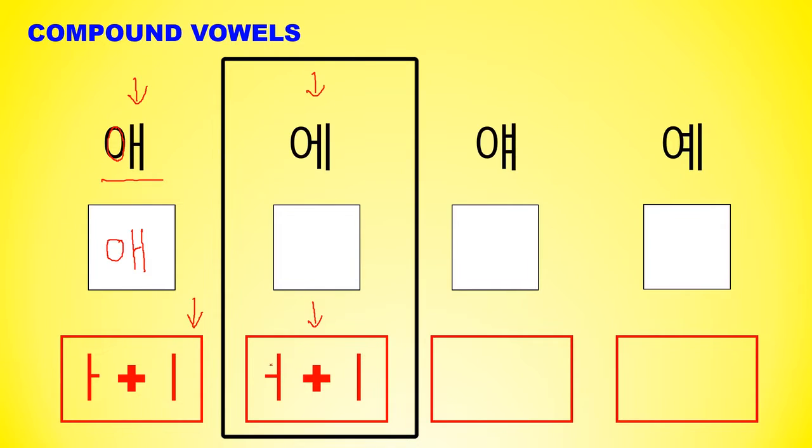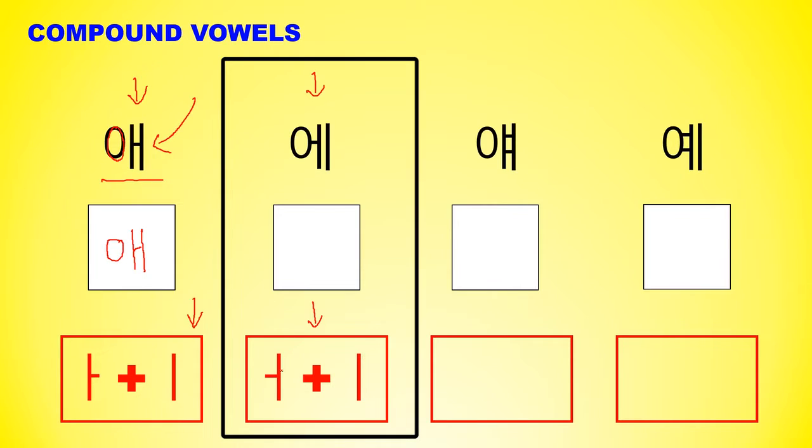O-E, O-E, O-E, O-E, eh. You notice that as the 2 sounds converged, they started to sound very much like eh, which is the same sound as the compound vowel that we have just learned. And that's why I grouped these 2 compound vowels into this slide, because they sound similar.